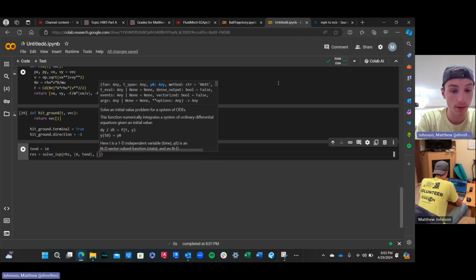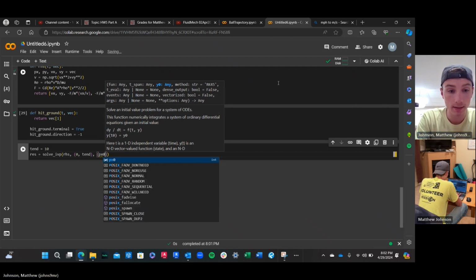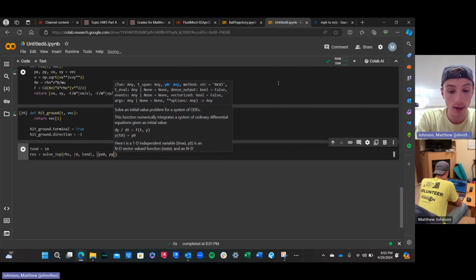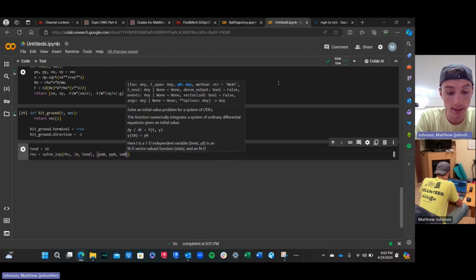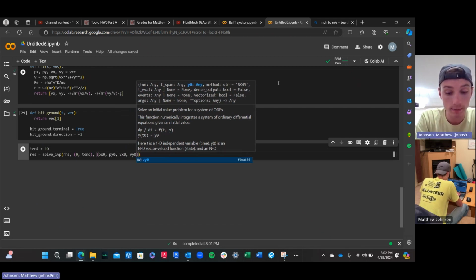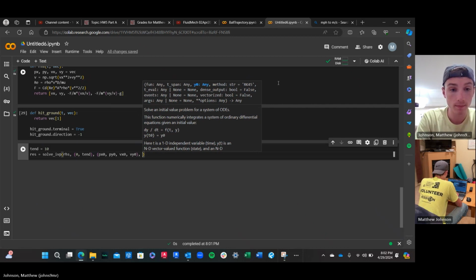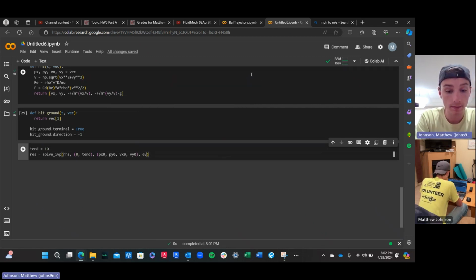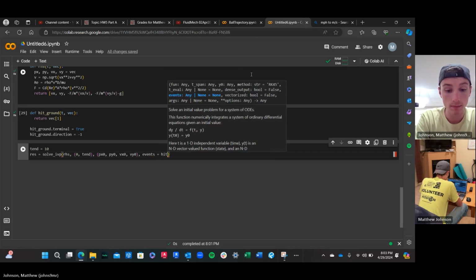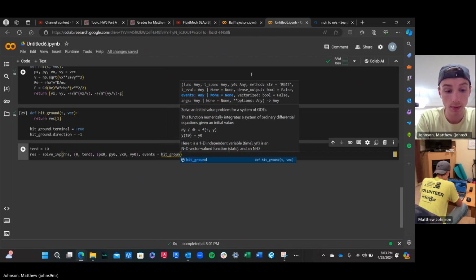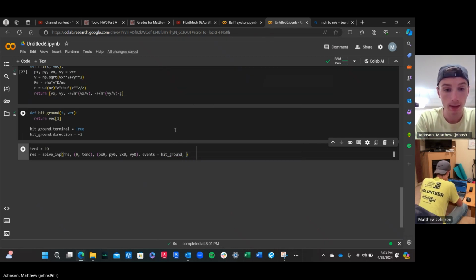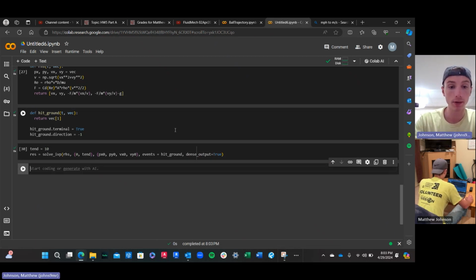Actually, we have to do this in the same order. So we did px naught, py naught, vx naught, and vy naught. Our events, hit ground, and dense output equals true. Okay, great.